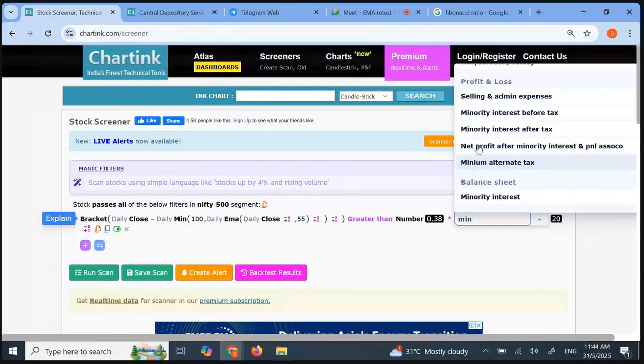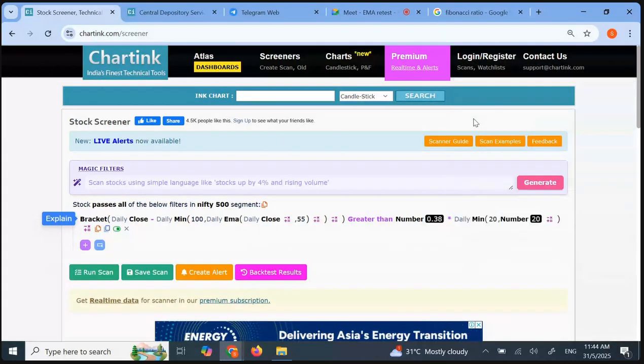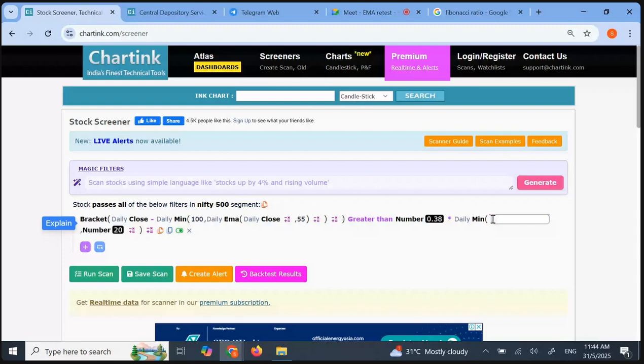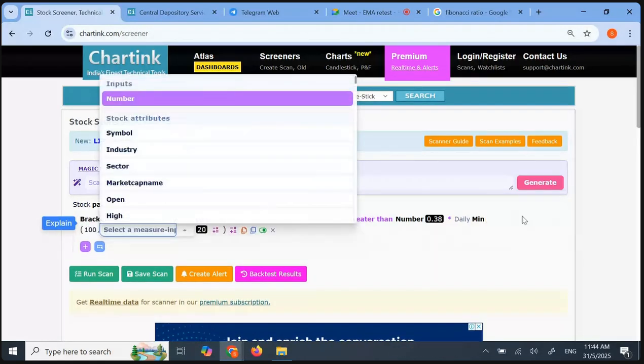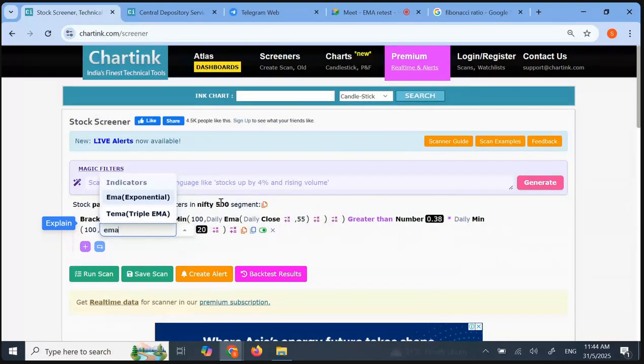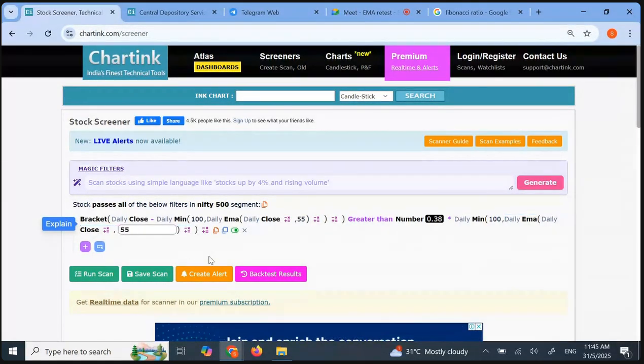So take the minimum of the EMA value, and again, don't forget to change the EMA to be the 55-day EMA.